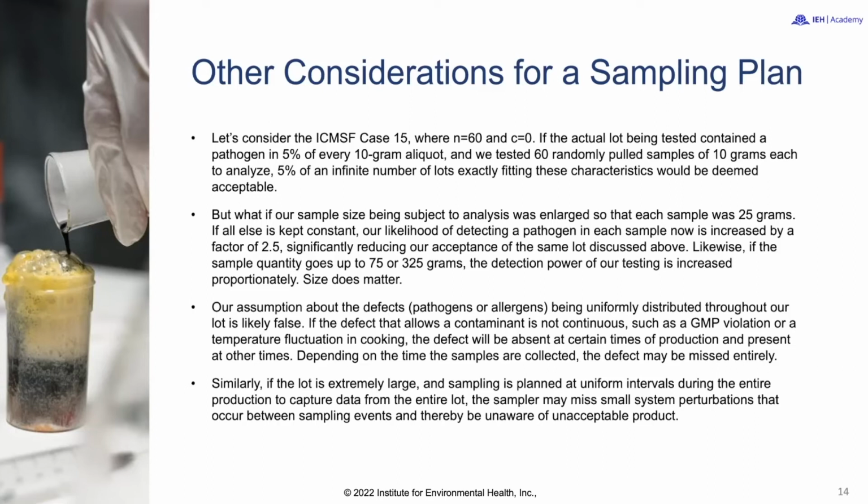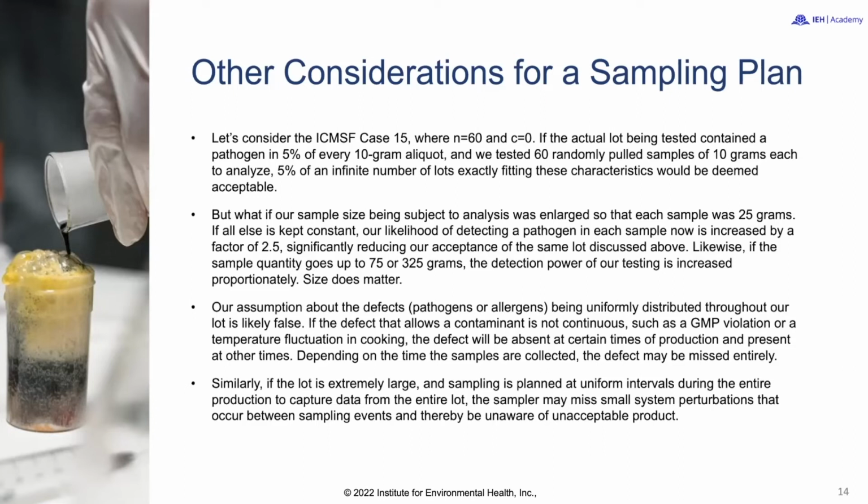Likewise, if you have an extremely large lot and you sample at uniform intervals, so you think about the Chronobacter example, if I was pulling samples every 15 or 20 minutes over the entire production lot, depending on how those intervals were timed, you may have entirely missed that big spike we saw in the example.